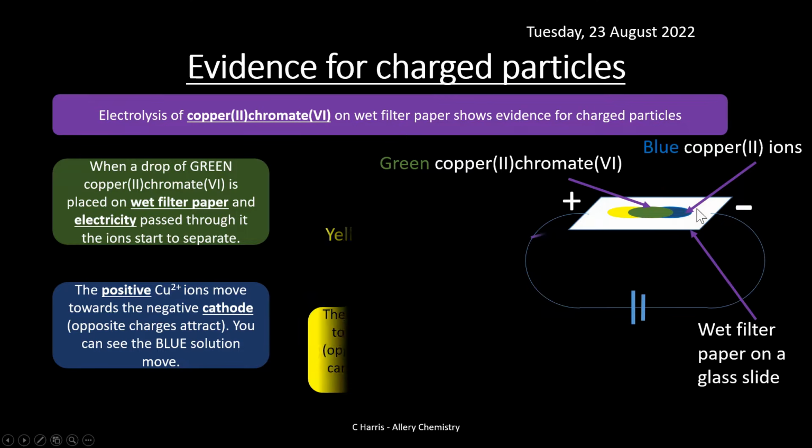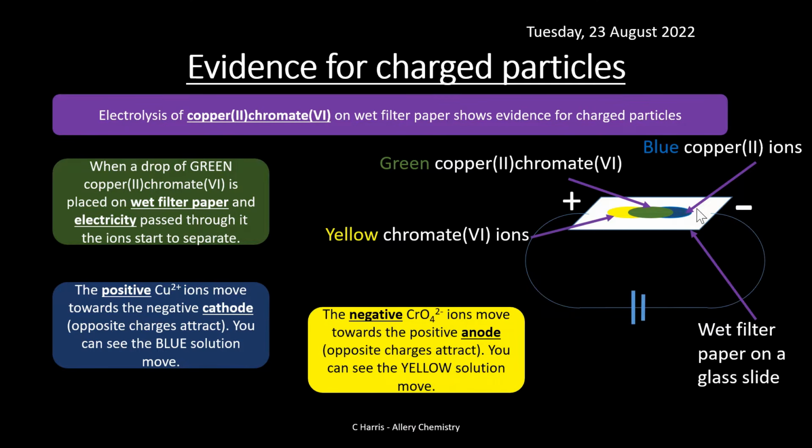Then if you look on the other side, your chromate ions are negative, and so they move towards the anode, the positive side, and you get this yellow solution. Copper 2 chromate is used deliberately because it forms coloured substances. So it's green to start with, and you get blue and yellow either side. Other ionic compounds aren't as colourful, so you wouldn't see it, it's invisible. It's just a neat way in which you can demonstrate that you do have an ionic compound, that's all.